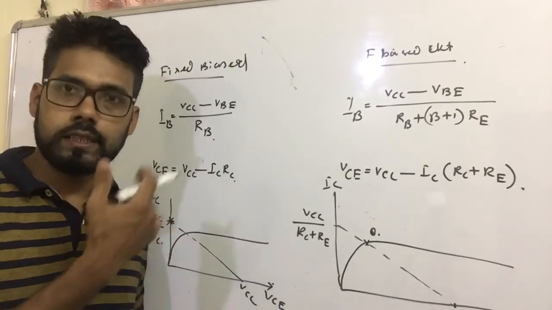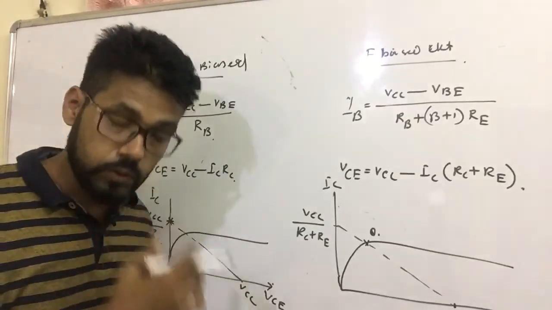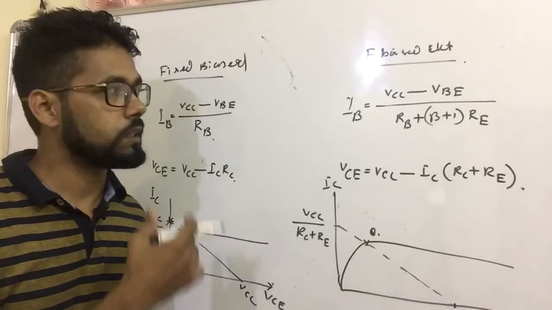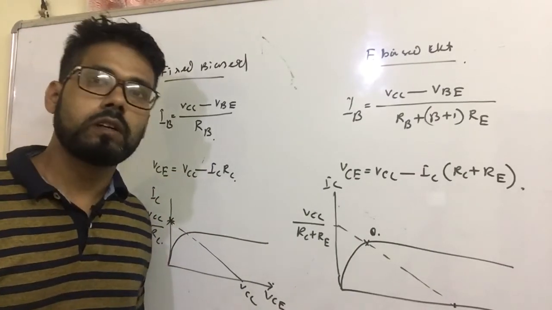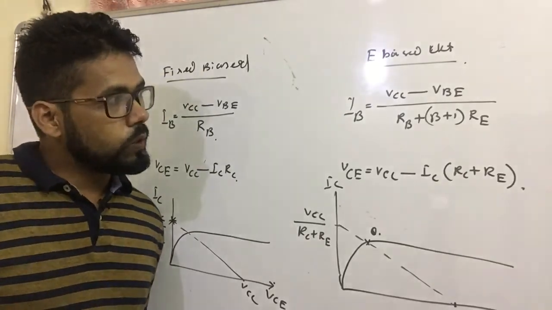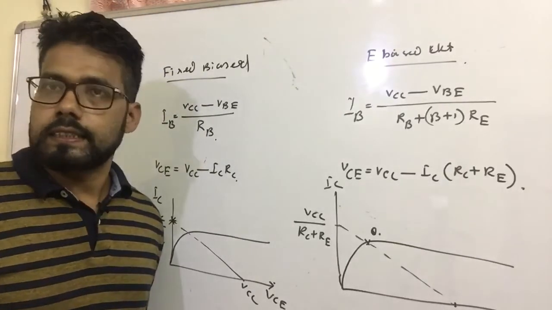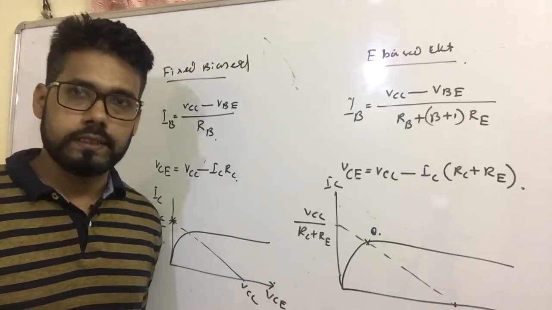In order to keep the parameters at a constant level, or to control the output current IC, or to decrease the base current, we have to introduce an external resistance like RE. As a result, circuit stability will increase.